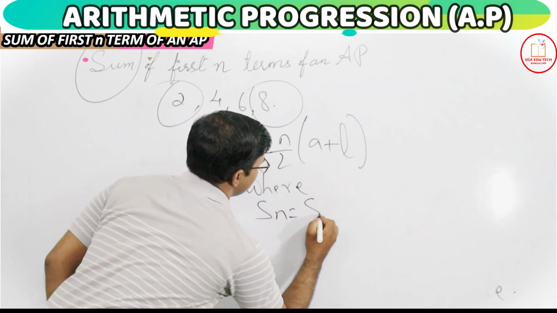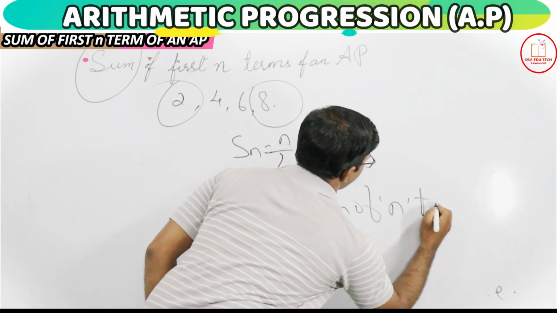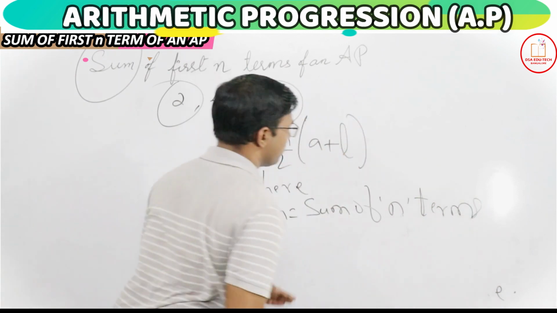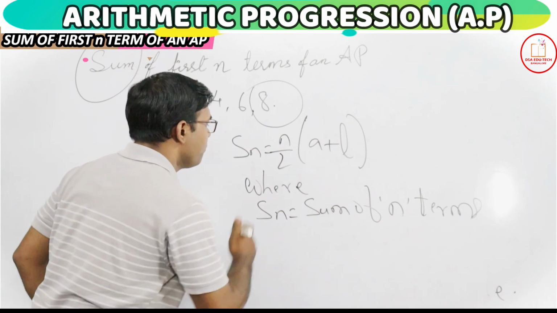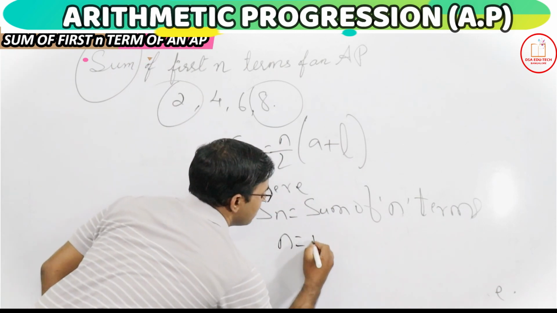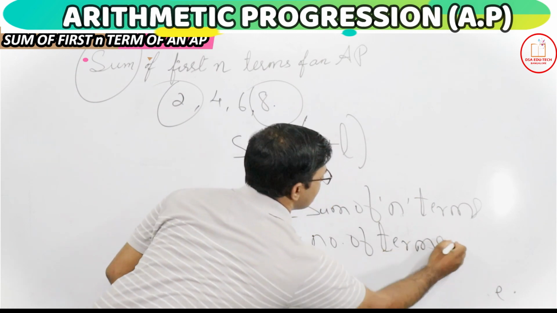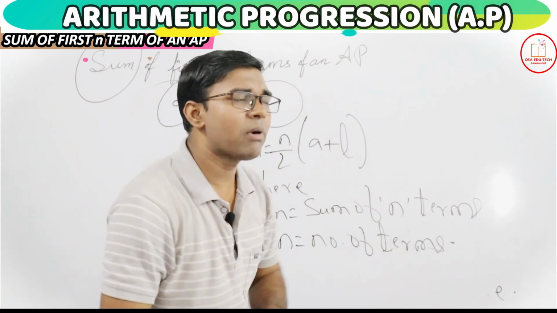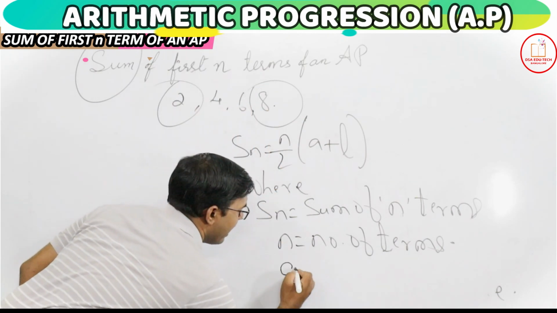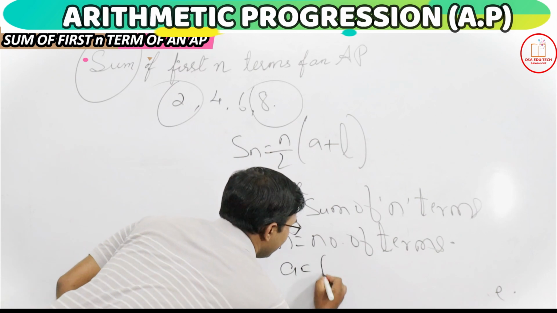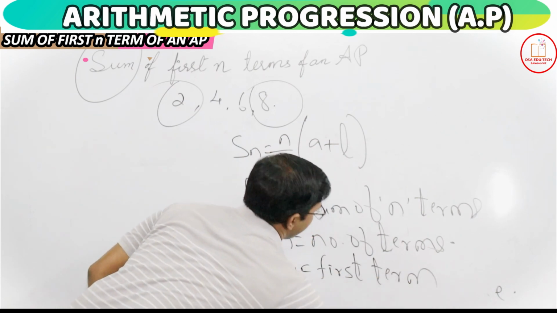Sn is equal to the sum of n terms, that means the total of how many terms are there. Then n is equal to the number of terms in the given series. Next we have a. a is the first term.